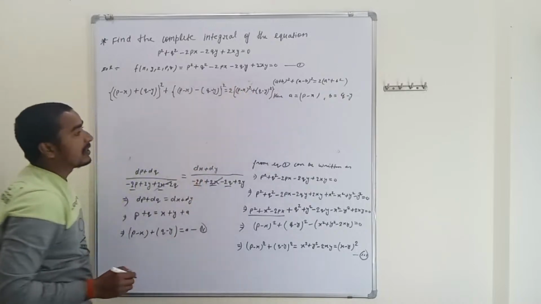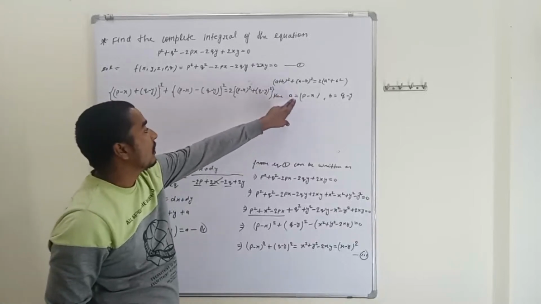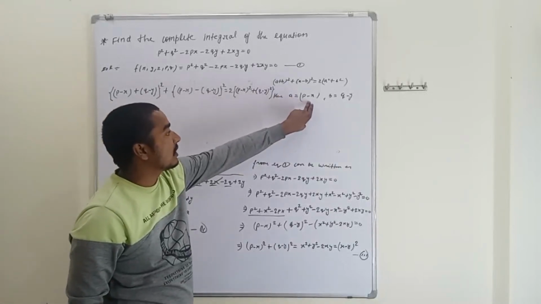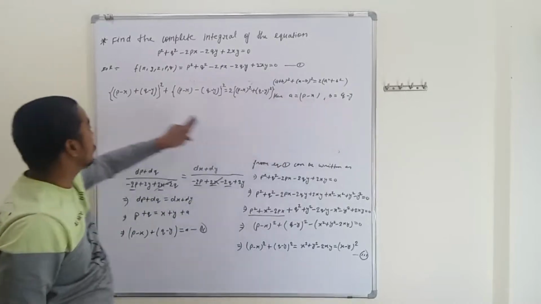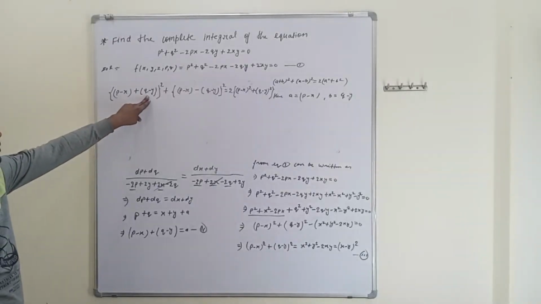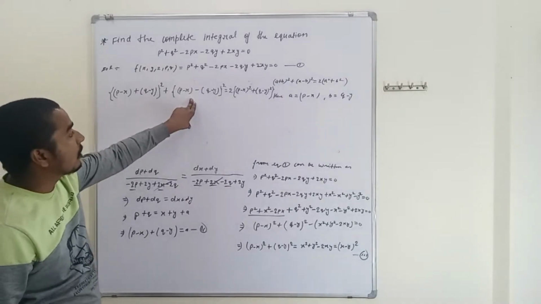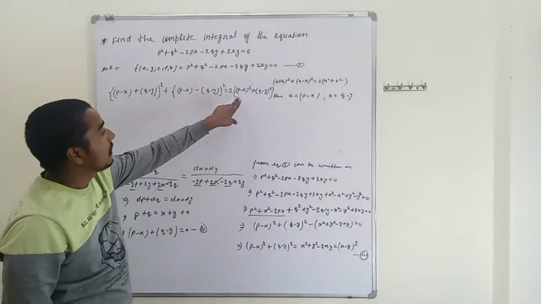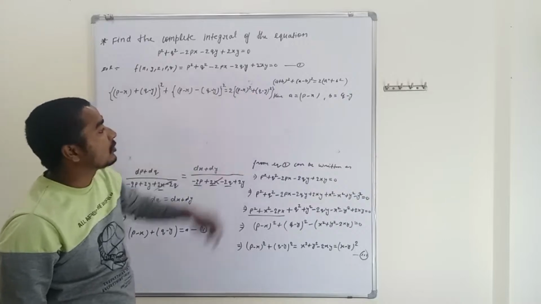You can expand the following identity, that is in place of a we have to put p minus x and in place of b we have to put q minus y. Here a is p minus x and b is q minus y, that is a plus b whole square and a minus b whole square is equal to 2 times a square plus b square.